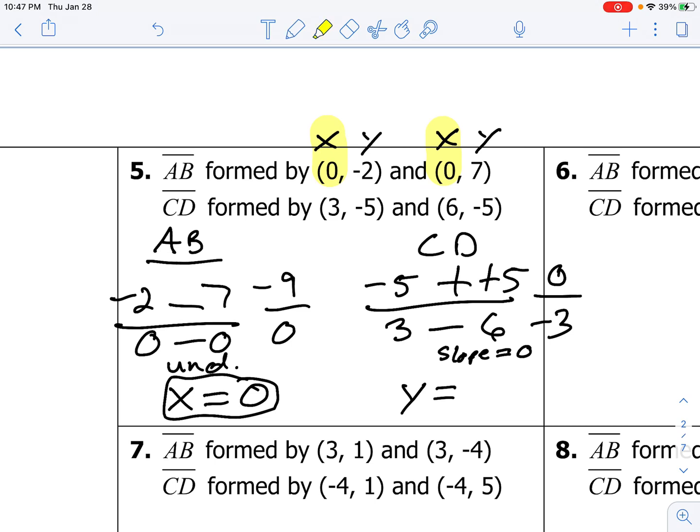How do we know what y equals? If you look at both of the y's, they're negative 5. So y equals negative 5. And as we did earlier, anytime you have an x equals equation and a y equals equation, you're going to have a vertical line and a horizontal line, which is perpendicular.